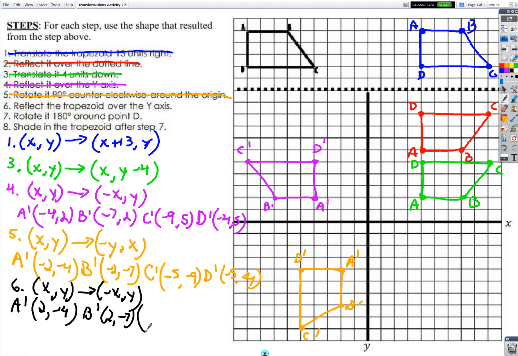Okay, C, Charles, is gonna be +5 and -4, and then no, it's a 9.